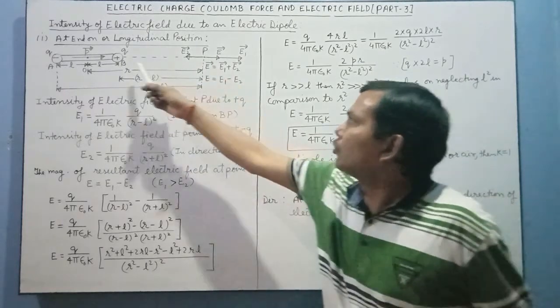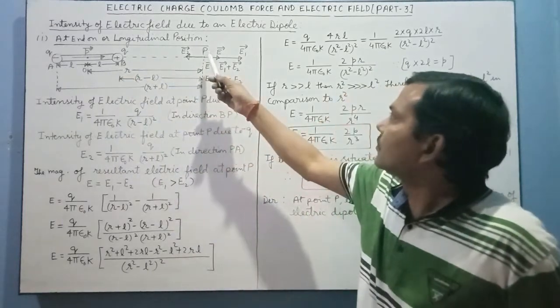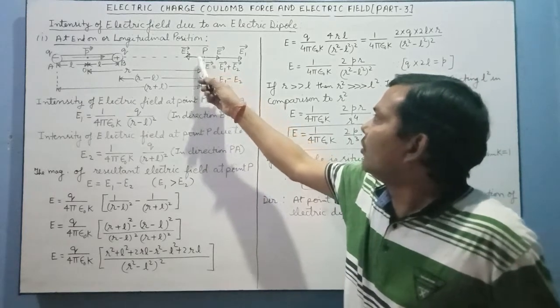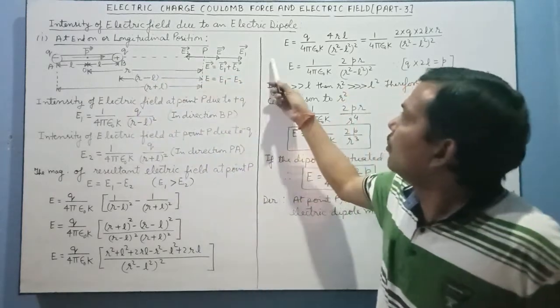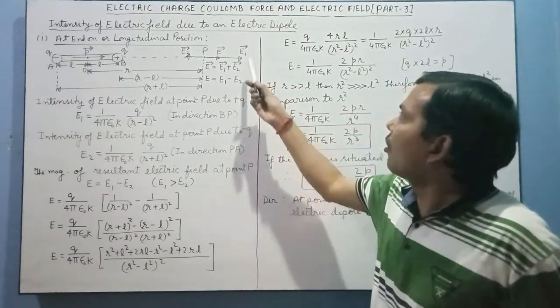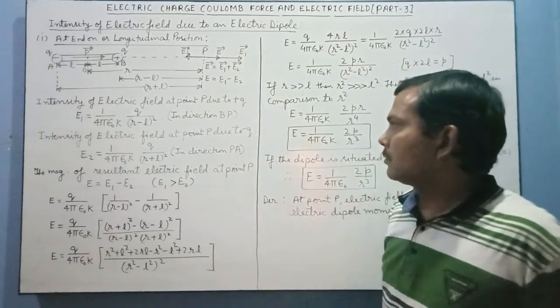The force due to this positive charge acting on a test charge placed at this point will be from B to P, and that very will be the direction of electric field E1.